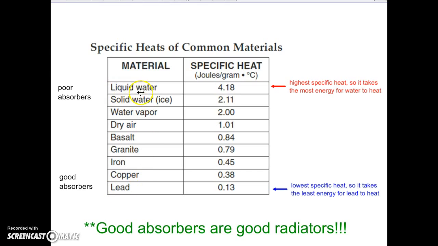Water, on the other hand, specifically liquid water, takes a really long time to heat up. That's why in the summer, if you go to the ocean, the water is never very warm. But because it takes a long time to heat up, it also takes a very long time to cool down. Water will still be warm in October.